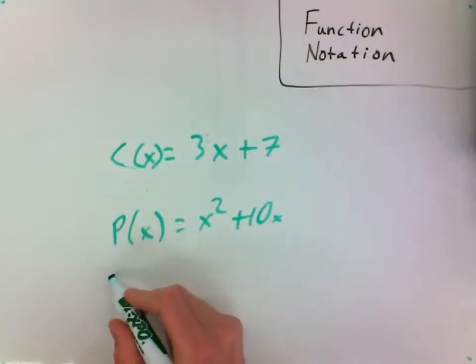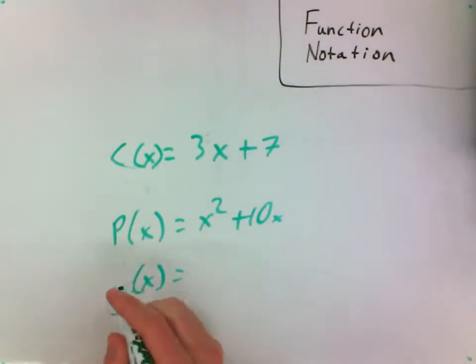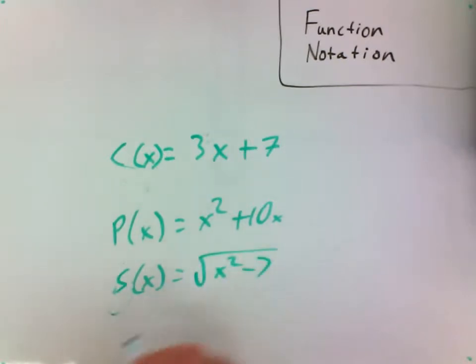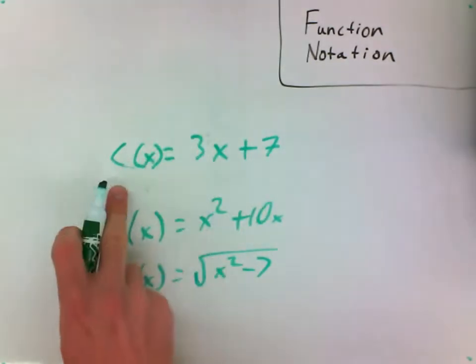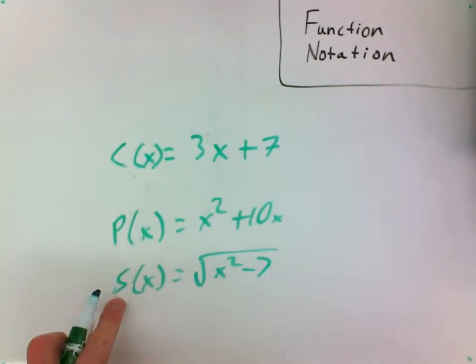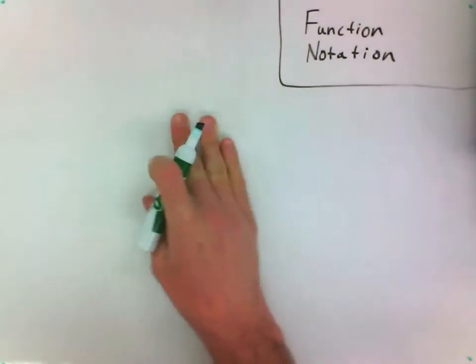We could do S of x for our shipping costs. It could be all sorts of different equations, and this function notation helps us denote which equation is being used for what. So it's just a little bit easier to keep track of.